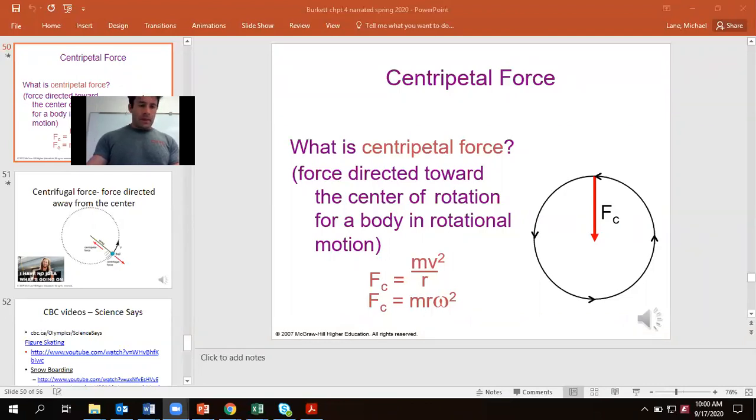1962. And we know that we wanted to have a radius of 10 meters, and the mass is still 100. So how fast do we need to be rotating?